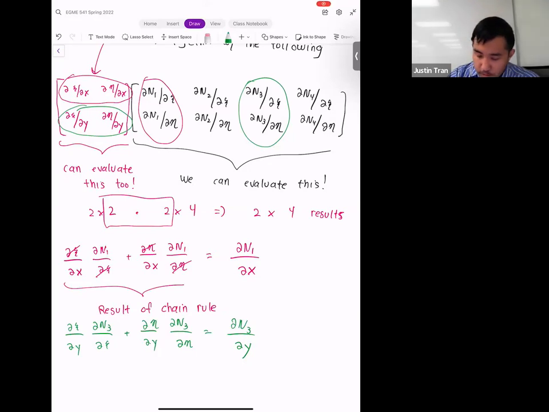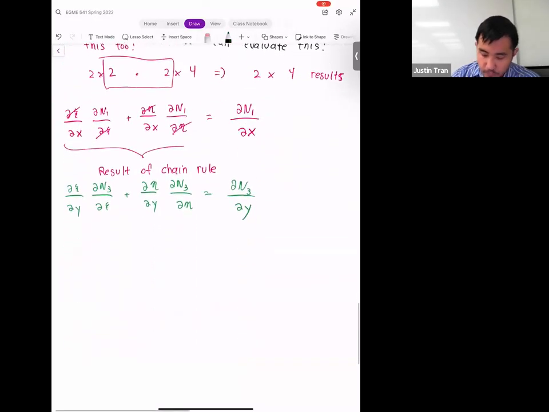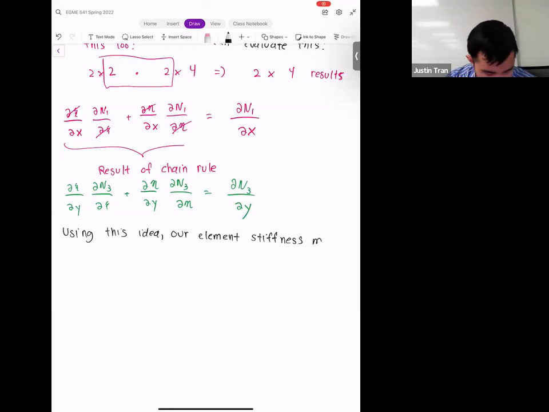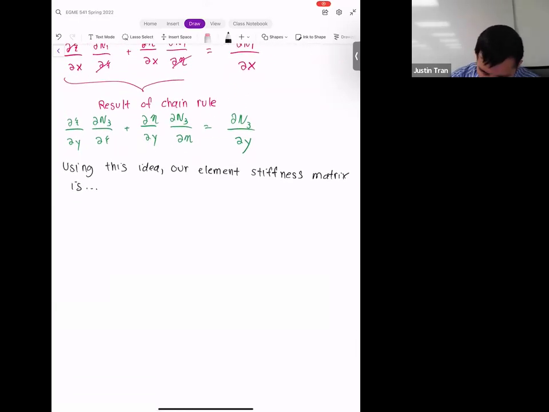Okay, all right, so let's go ahead and put it together. Using this idea, our element stiffness matrix is now a double integral, excuse me.